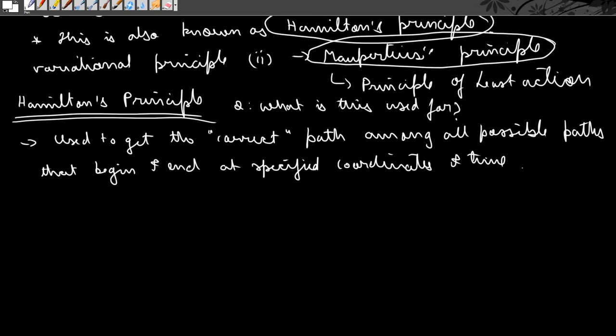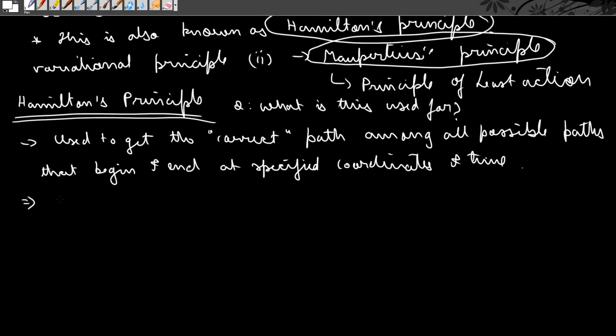The path with respect to which the variation is 0, we called the correct path, and from there we developed the Euler-Lagrange equation, which gave us the equations of motion. This is what it is used for.